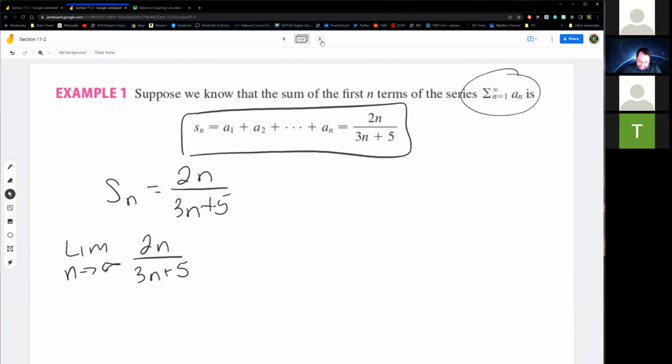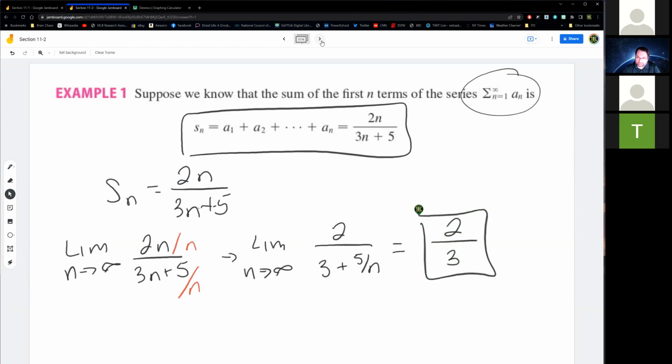And just like I was doing with the other ones, I can take the whole thing and divide by n. So I have 2 over 3 plus 5 over n. So I have 2 over 3 is what it ends up converging to.